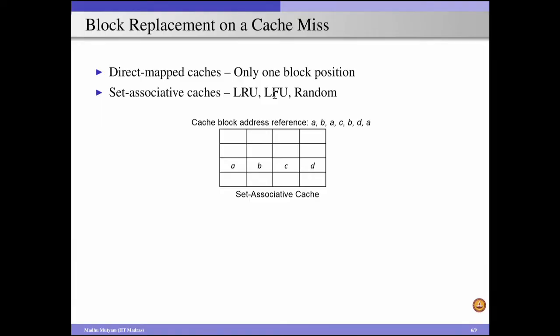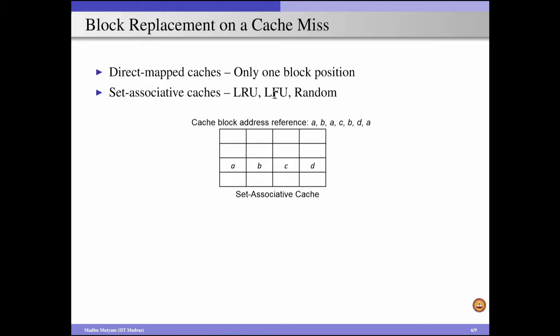recently used policy. So consider a set associative cache with 4 sets, and each set having 4 ways, and also consider a cache block address reference pattern A B A C B D A, and all these addresses are mapped to the third set in the cache. When the processor generates an address for A, we keep the corresponding block in the first way of the third set.